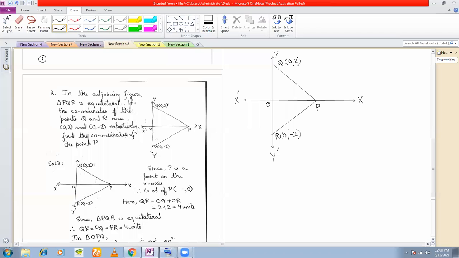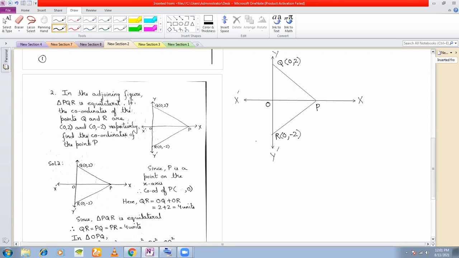Now we shall read the question and see if any information is missing in the diagram, and we label the diagram accordingly. So if you read the question, it states in the adjoining figure, PQR is an equilateral triangle. The triangle PQR is equilateral means all three sides are equal. PQ is equal to PR is equal to QR.